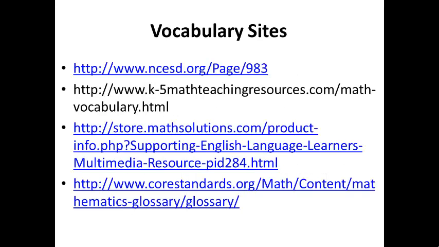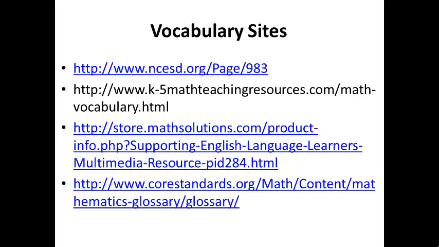So as I mentioned before, some of the materials I used for this presentation were taken from a Math Solutions resource called Supporting English Language Learners in Math Class. It has a lot of different strategies as well as some classroom scenarios that are good to analyze. And I'm also providing a couple of other web links for vocabulary sites to use with students.